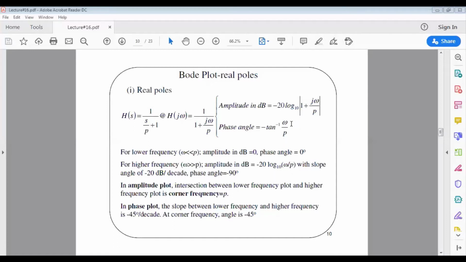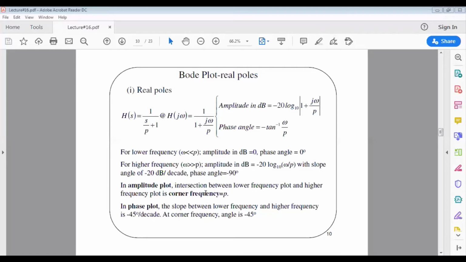Whereas for the phase angle, when omega is much bigger than p, this value approaches infinity, so negative arctangent of infinity will be negative 90 degrees. So these are the two conditions that need to be taken care of when we sketch the Bode diagram for a real pole case.